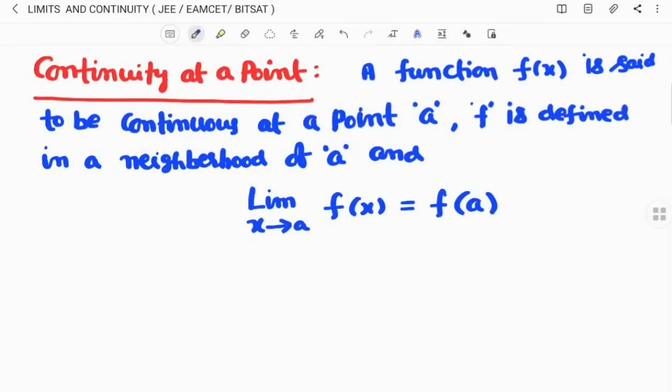Next, we will learn about left continuous and right continuous.